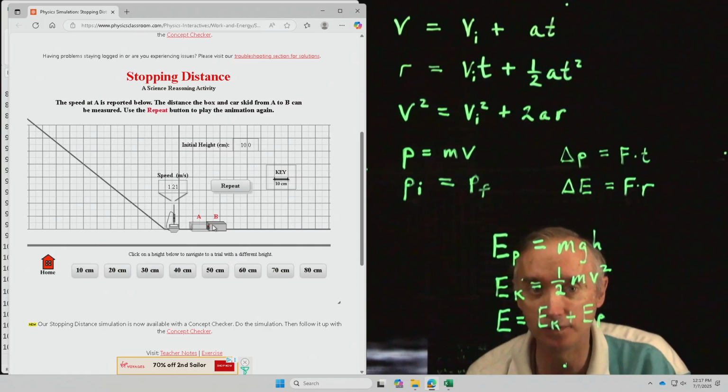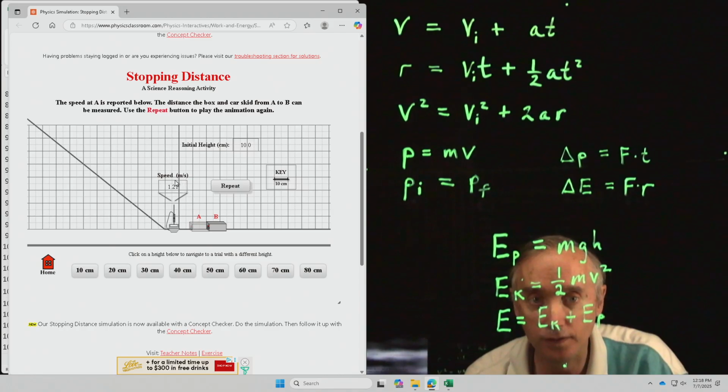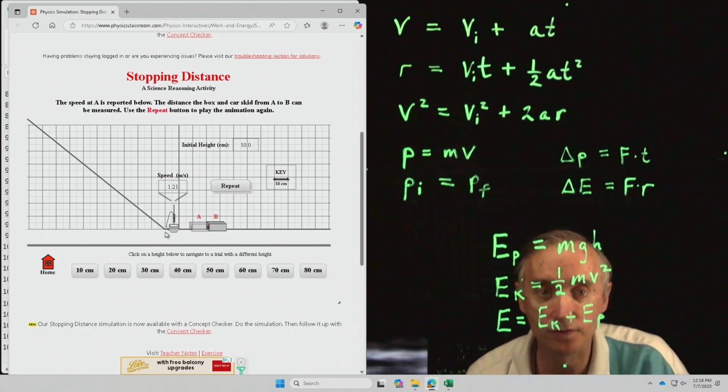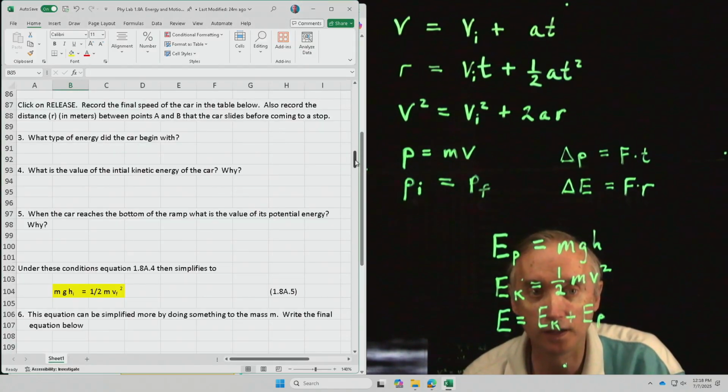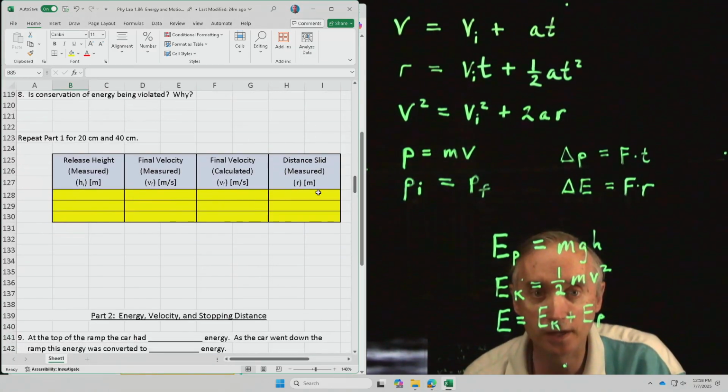Now you're going to need that piece of information, so you want to write that down. You're also going to write down the speed of the object, so take that number from there. So that was the speed when it got to the bottom of the ramp, and you're going to want to write down that number, because if we go back to the lab here, we got the release height, so that's going to be 10 centimeters in meters, so put that there.